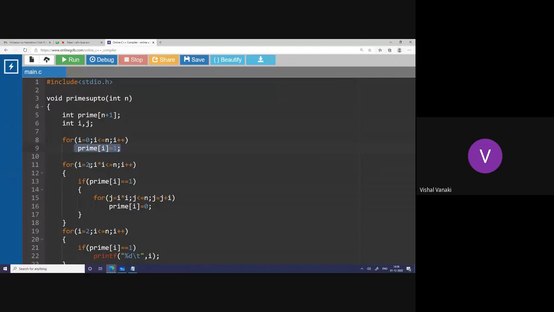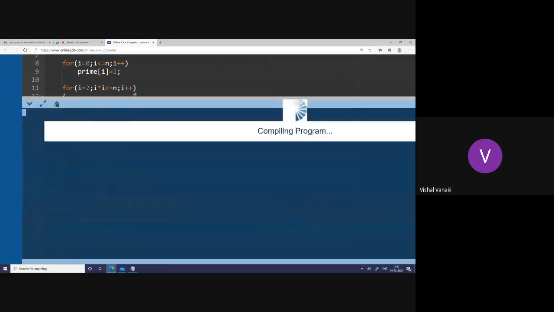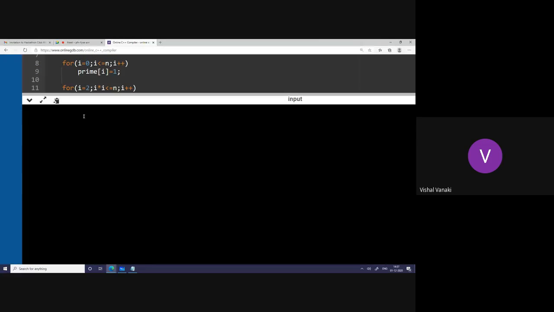If prime of i is equal to 1, meaning the number is prime, then only go for removing the multiples. This should be prime of j. By mistake I have written prime of i, but it should be j, because the j loop will go through multiples of primes.